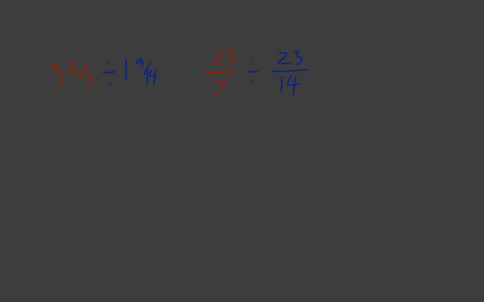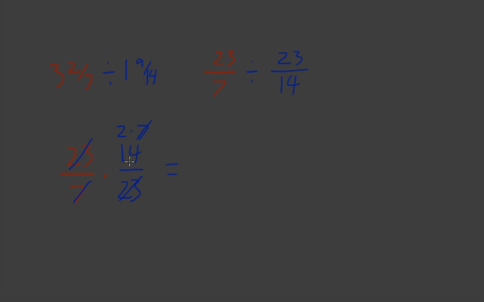So this is 23/7, and we're going to times it by 14/23. Before we multiply straight across, let's cancel some things out. We can cancel out the 23 and the 23, and this 14 is actually 2 times 7, so we can cancel out the 7 and the 7. So all we have left is a 2, so the answer is 2.